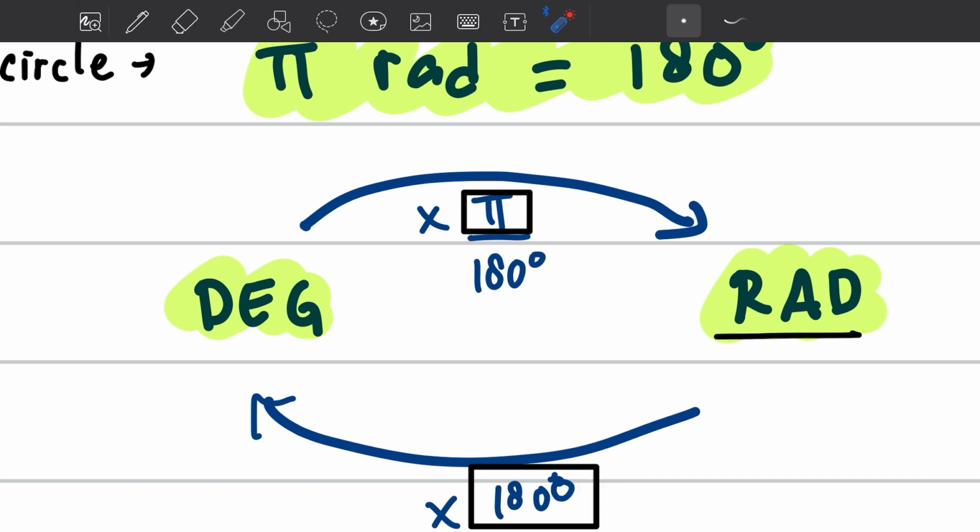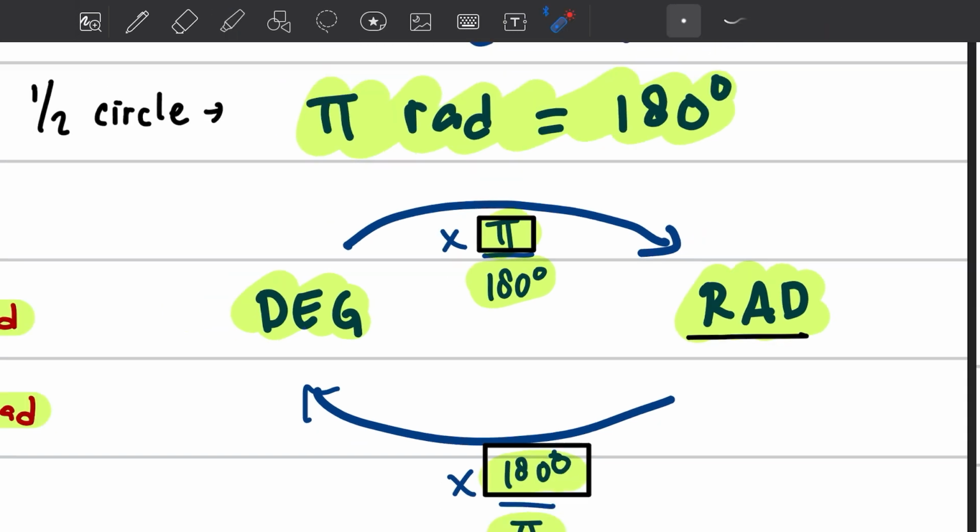So keep in mind that if you want to convert degree, make sure that the degree is in the denominator, and because we want to convert to radian, the radian is on top, on the numerator. The opposite, if you want to convert radian, make sure that the radian, which is the pi, is in the denominator. And because we want to convert it to degree, make sure that the degree is on top.